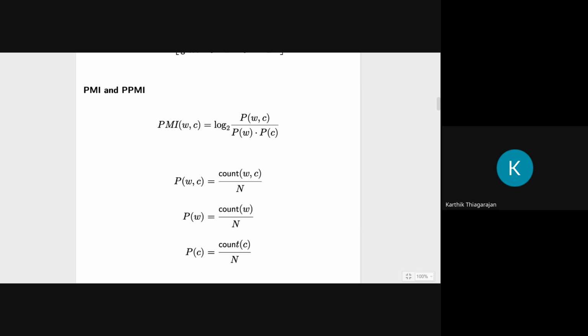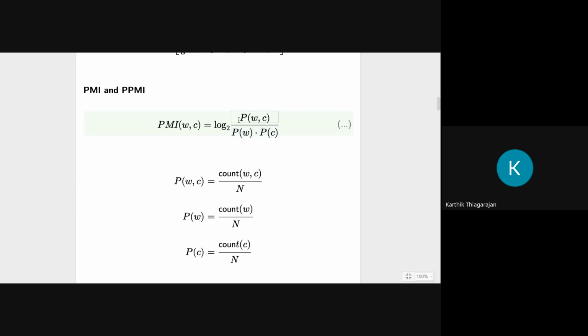So the denominator represents random chance. If you pick 2 words at random from the vocabulary, what is the probability that you see W and C? You can treat them as independent events, so you pick them independently, therefore you multiply the probabilities.